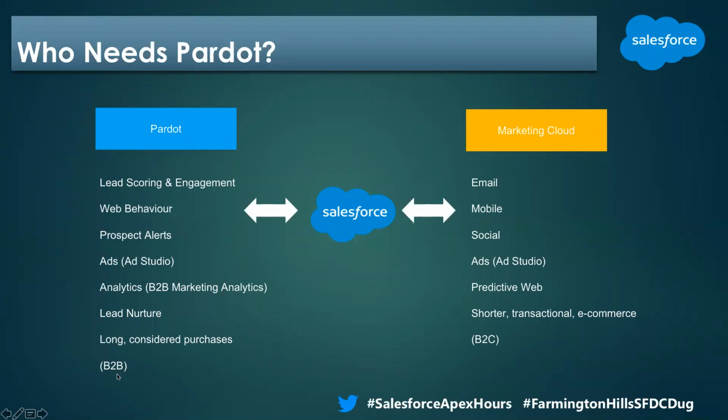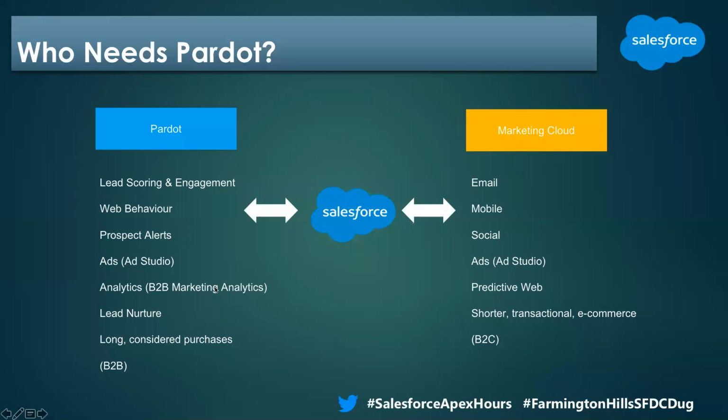And then I've put B2B and B2C in brackets down here. So Salesforce is really moving to position Pardot as the B2B, so business to business marketing tool, and Marketing Cloud as the B2C, so business to consumer marketing tool. In most cases, that's probably true, but I've got clients from both sides.